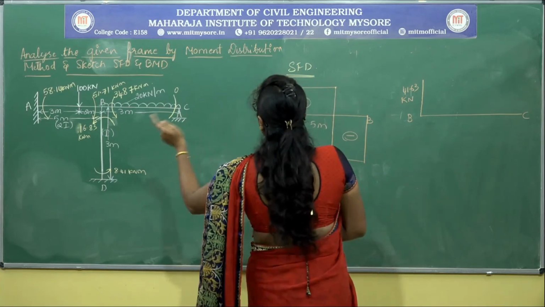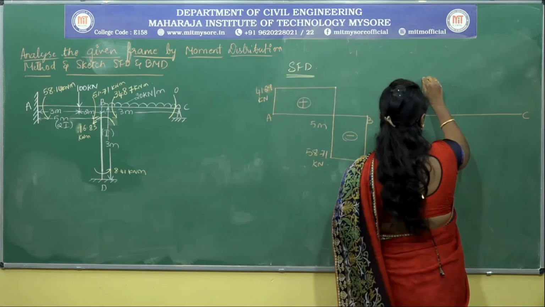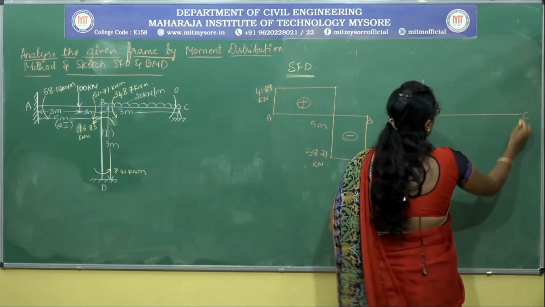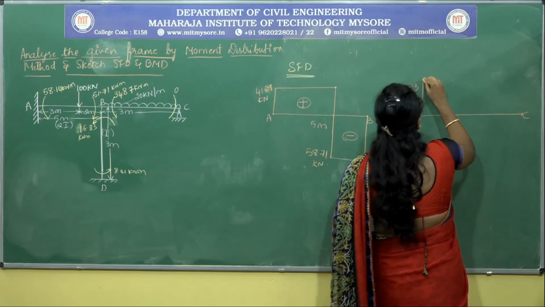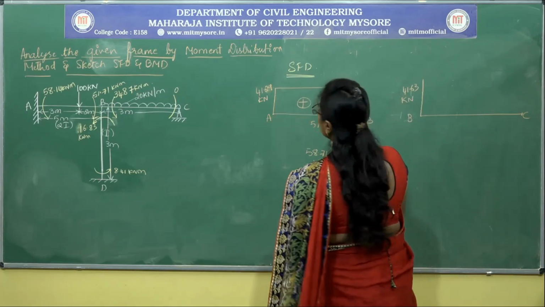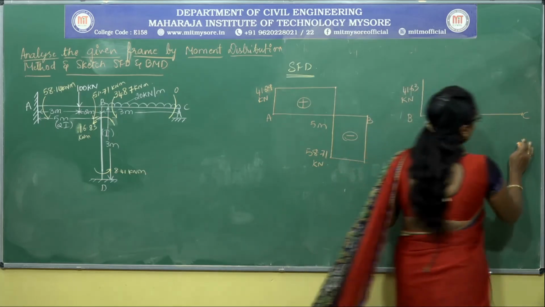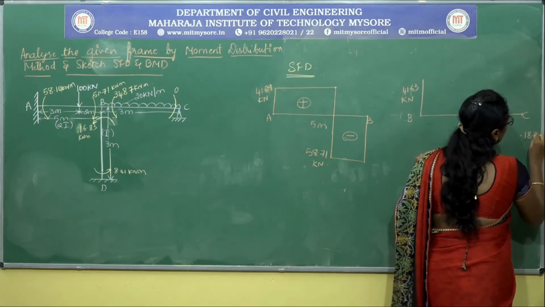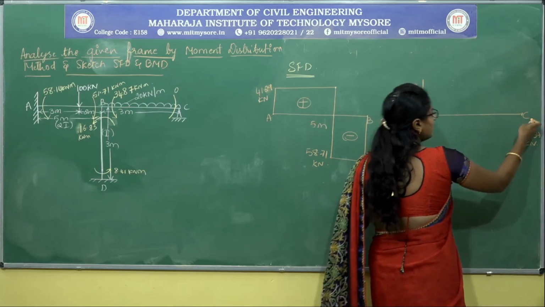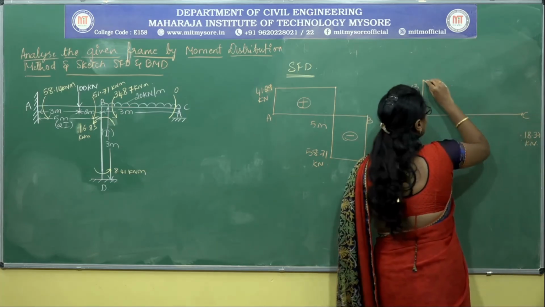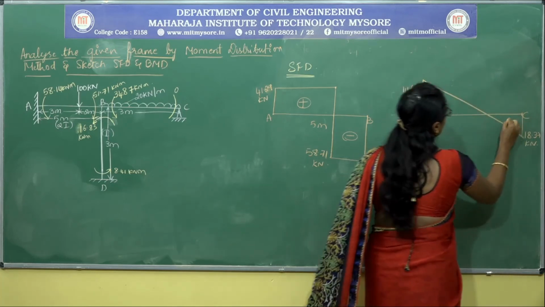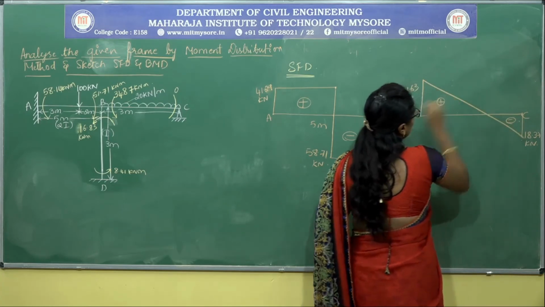In between B to C, there is a UDL, and at C, from 41.63 minus 20 into 3, that is 60, will give you minus 18.37, and RCB is plus 18.37, therefore it will be 0. This is positive and this is negative.